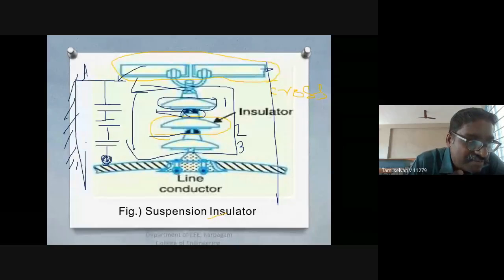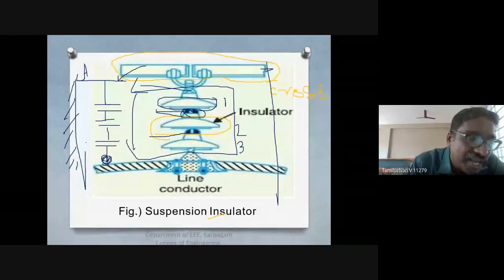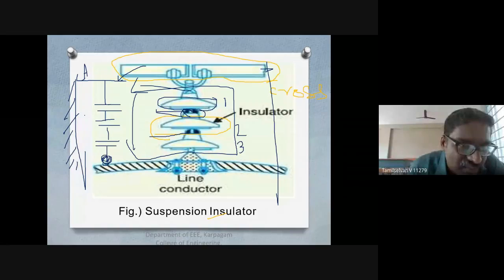This means between the metal fitting of each disc and the tower, there is a capacitance that also exists. Each metallic link, the metal fittings of each disc and the tower, there exists a capacitance. That capacitance is called a shunt capacitance. Because air is the medium, one acts as an anode and the other as a cathode.